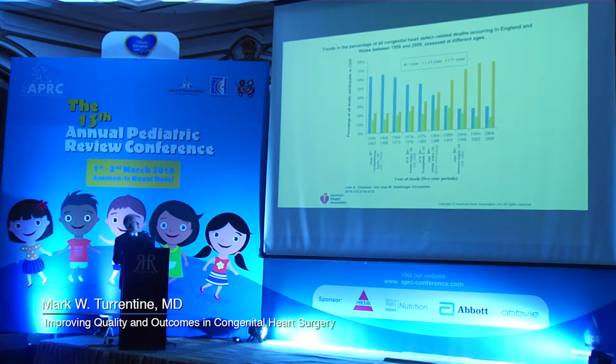In this diagram, the blue is the mortality risk at less than 1 year of age and then greater than 15. In the early 50s, at the advent of surgery for children with heart defects, the mortality risk was really on the front end. But as surgery has gotten better and care has gotten better, the mortality has really shifted to the older population.